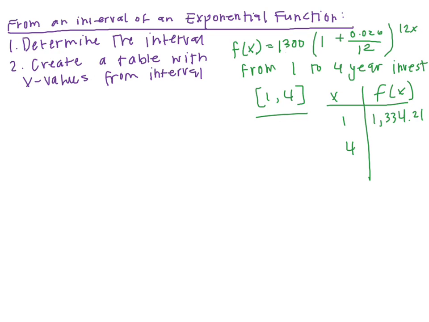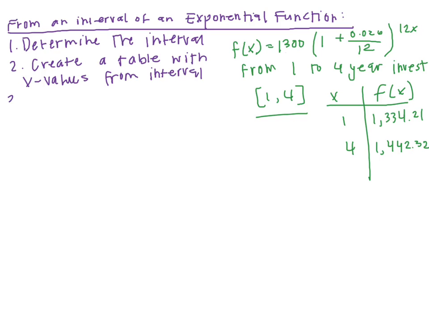And you'll find out that f of 4, or when x equals 4, equals $1,442.32. So I created my table by using the x values that were in the interval and then calculating the y values with my calculator.